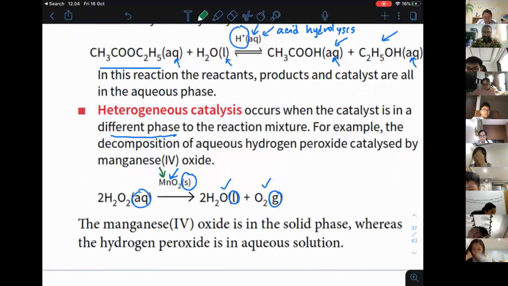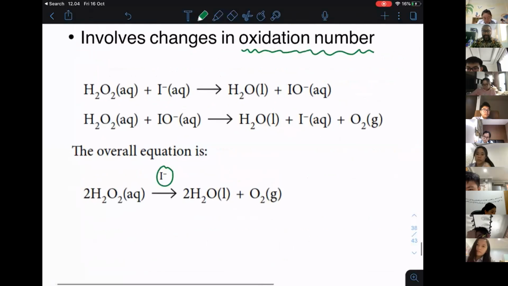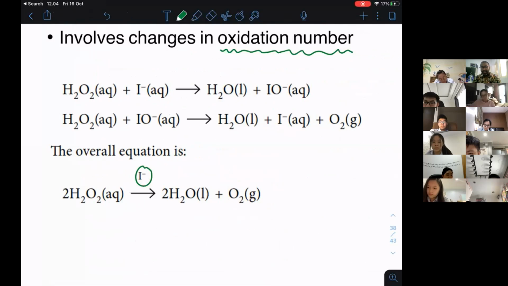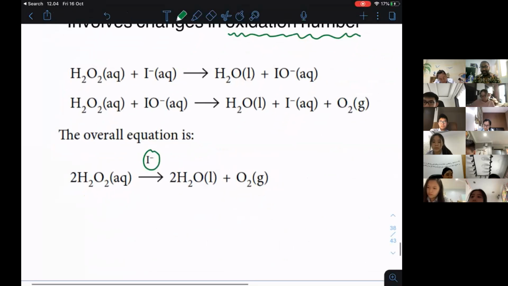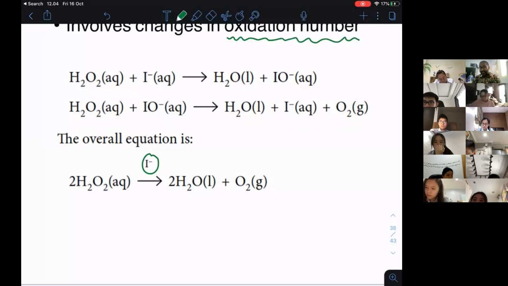I think this is another type of catalyst to change hydrogen peroxide into water and oxygen. So do remember, for the decomposition of hydrogen peroxide, you can either use the catalyst MnO2, or you can also use I minus in this case.